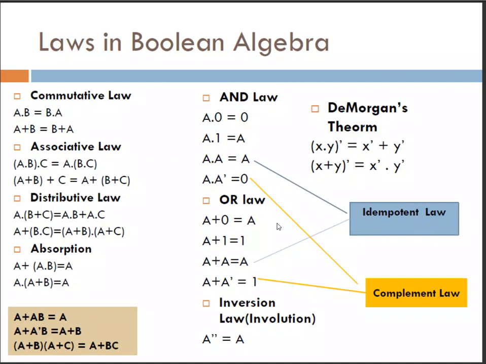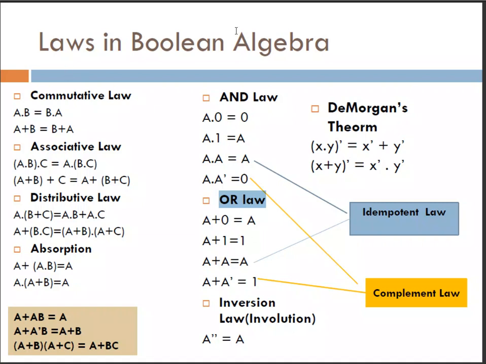Here we have laws in Boolean algebra. These laws will help us to simplify a given Boolean function. We have the commutative law, associative law, distributive law and absorption law. We have the AND law, OR law, De Morgan's theorem, which we'll see, and the inversion law.